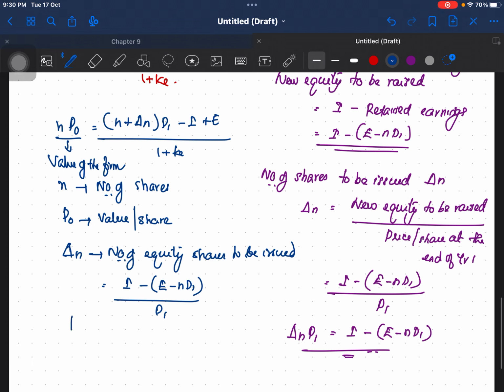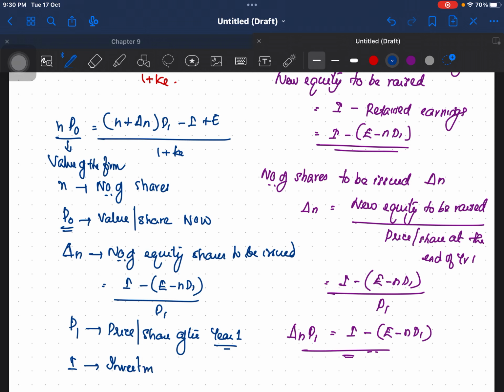And what is P1? P1 is the price per share after year 1. P0 is the value per share now or at present, this is the future value at year 1.